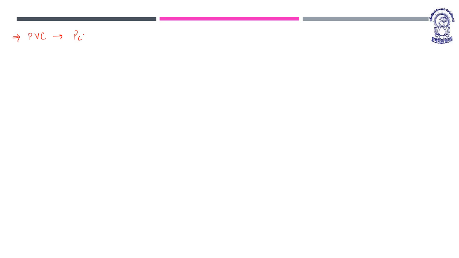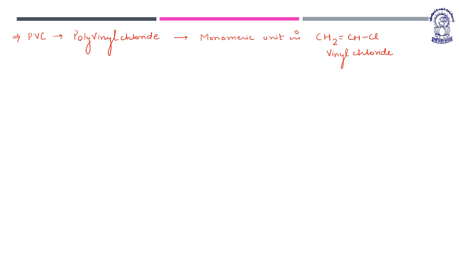PVC, also known as polyvinyl chloride. The monomeric unit is vinyl chloride. It is a homopolymer and it is a chain growth polymer.